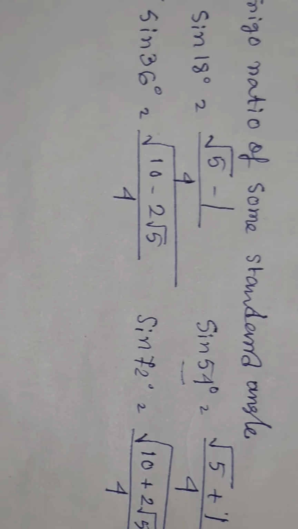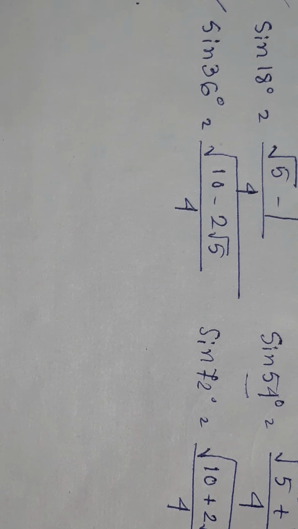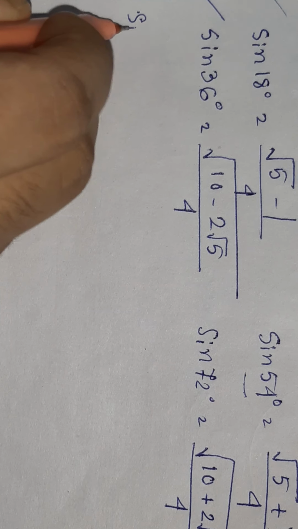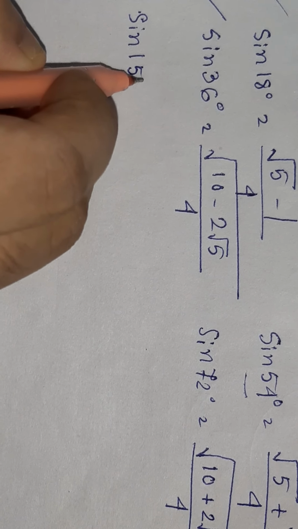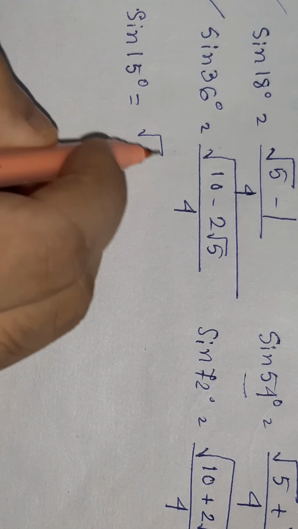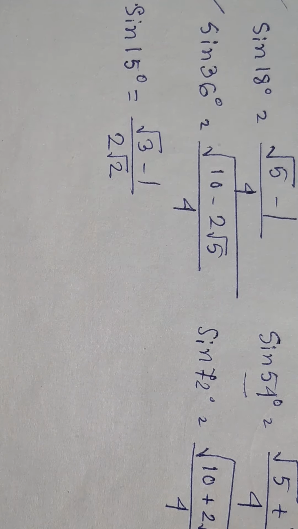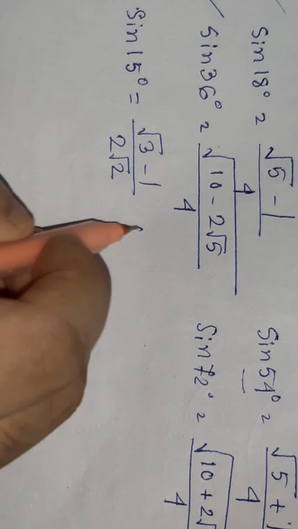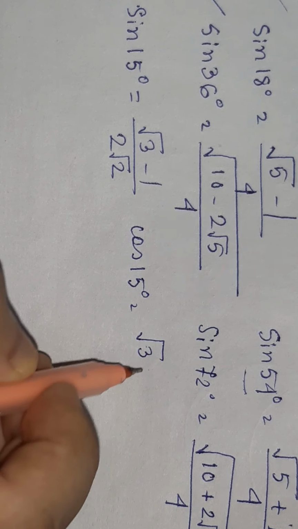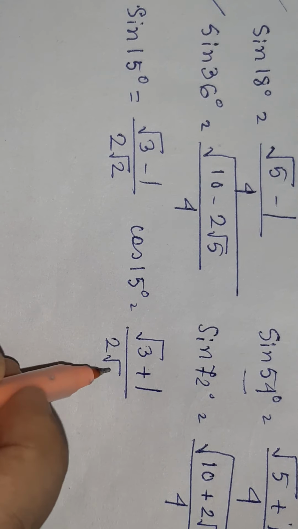And now we will see the ratios of the 15 degree angle. If we have sin 15, then what will be its value? Its value is root 3 minus 1 by 2 root 2, and cos 15 degree is equal to root 3 plus 1 by 2 root 2.